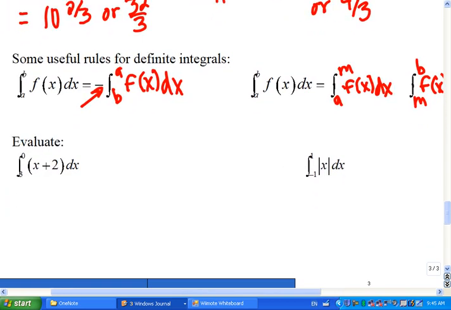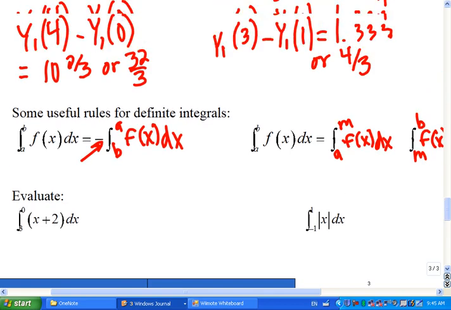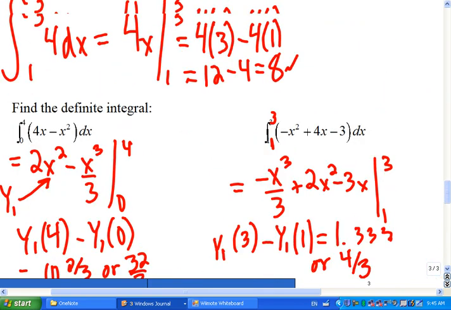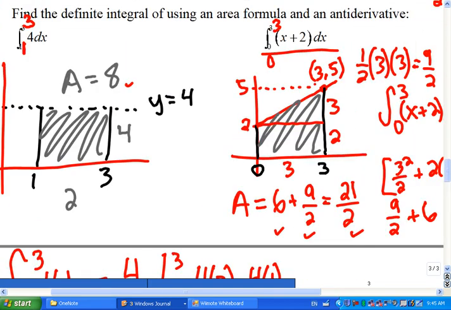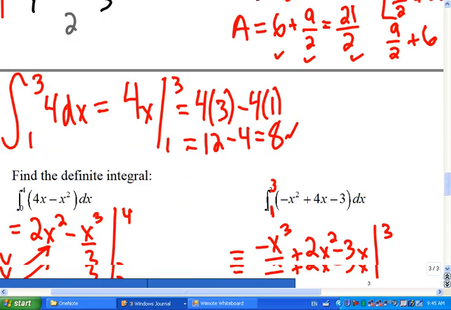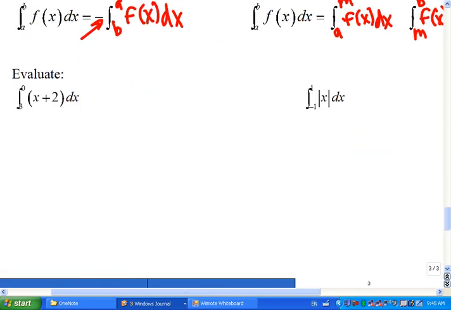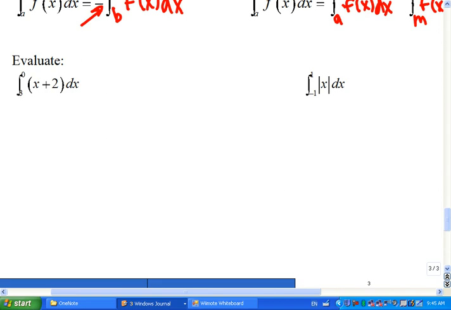Okay. Now, going from 0 to 3, for a heads up here, this is the one we've already done. Where did we do it? Here. We've already done it, and we found out that the answer was 21 over 2. So we already did it. This time we're looking at it, I'm just saying I don't want us to necessarily go through all the math. And we've reversed the integral.